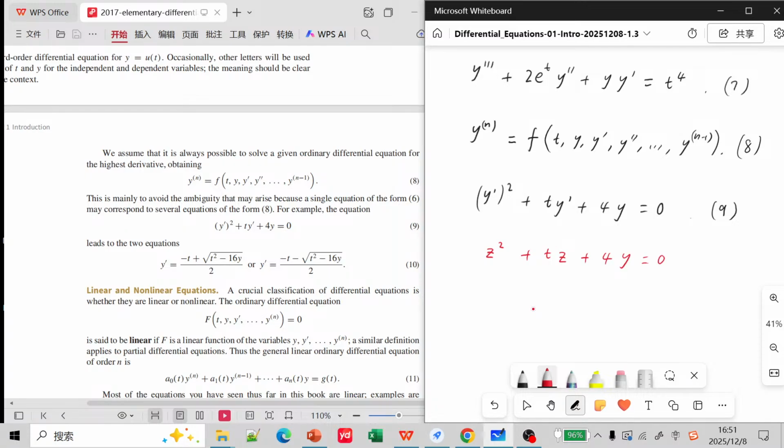Let's consider this equation, and we can solve it for z by the quadratic formula.